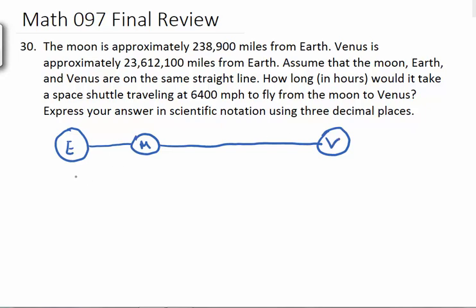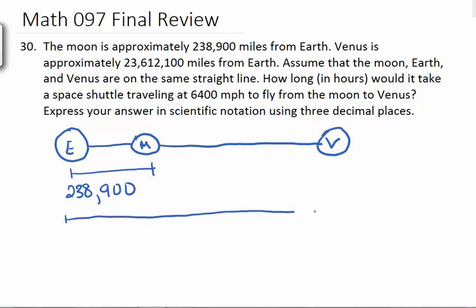We know the distance between the moon and the Earth. So this distance here is 238,900. We also know the distance between Earth and Venus, so the long distance. This is 23,612,100 miles. So we want to actually look at the moon to Venus. So the first step would be to find this distance.